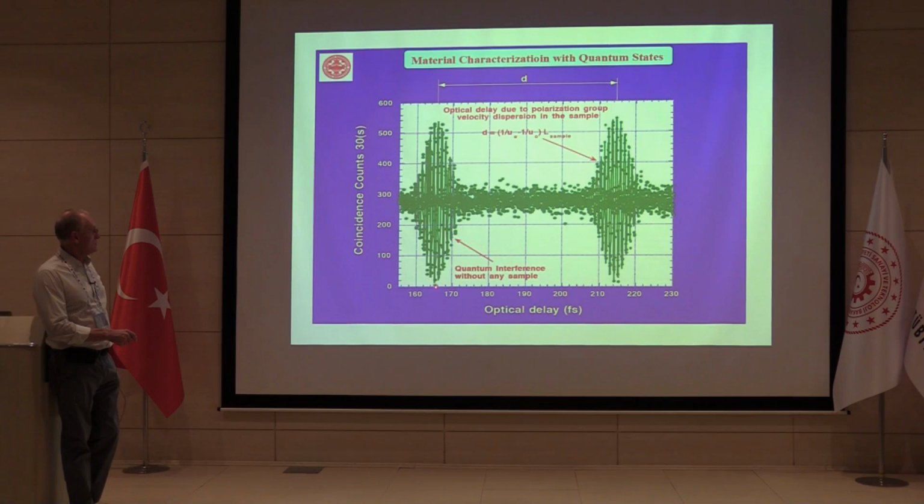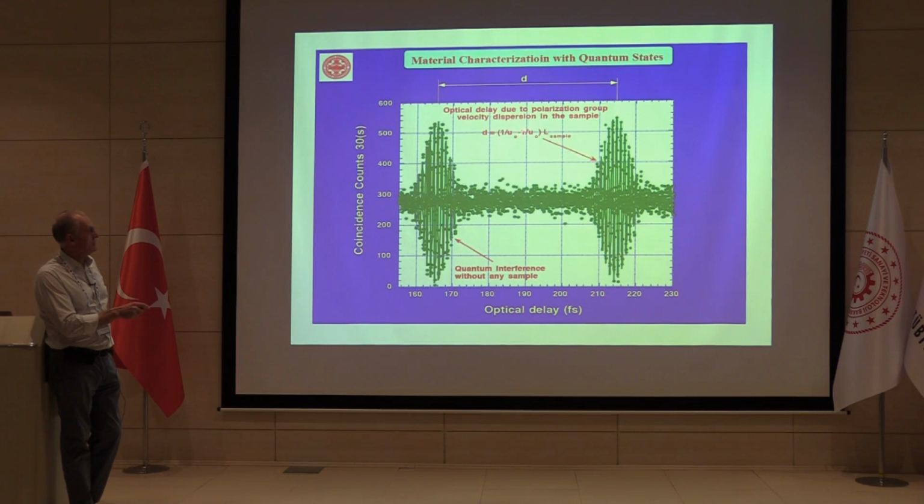So this is one, this is the second one, and basically this is all femtosecond scale. And as I told you, you can have this central fringe that helps you identify the distance between these two centers. This D is the difference of group velocities times the L of the sample.